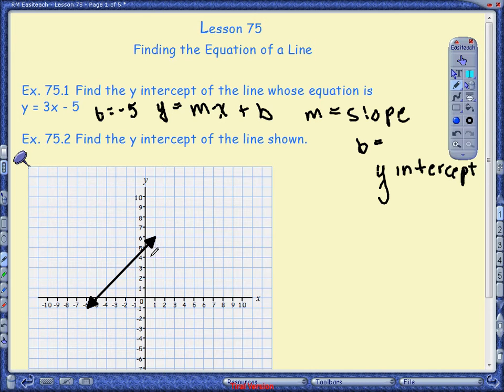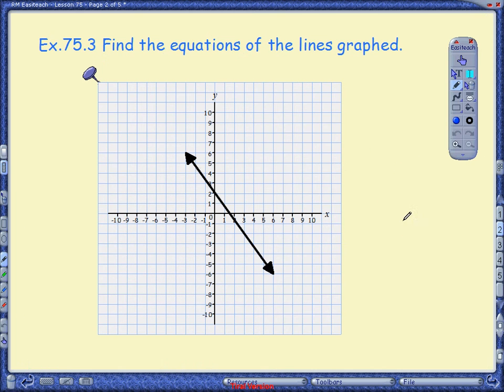When we look at a graph to find the y-intercept, we just look for the place where it crosses over the y-axis. And that's right here at +5. So our b on this graph is +5. Now, looking at this graph, we want to find the equation of this.